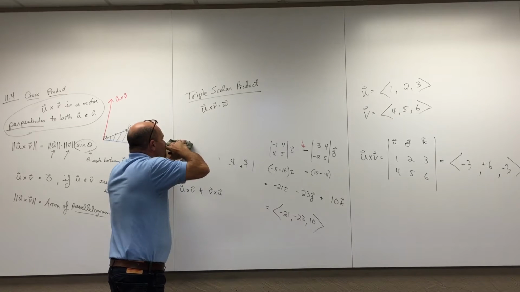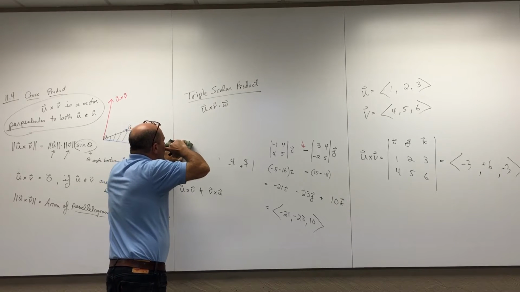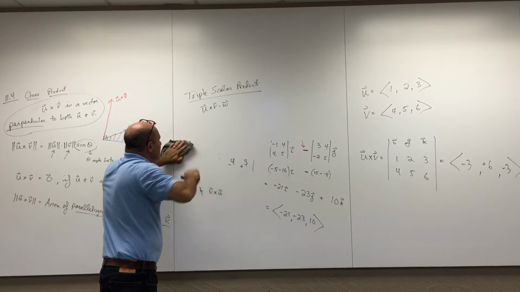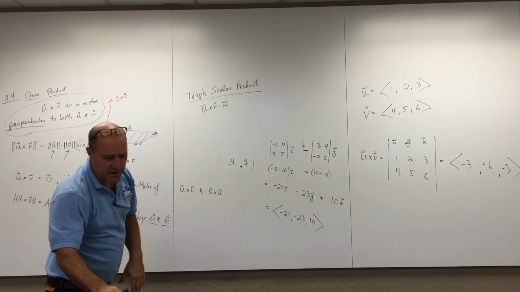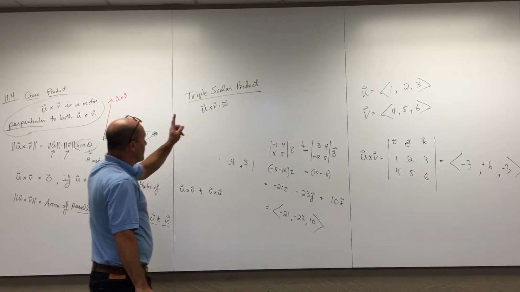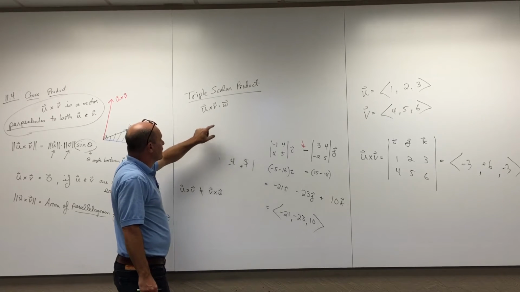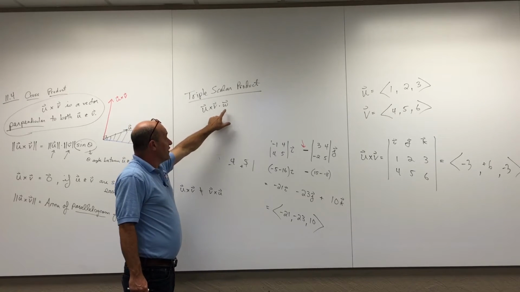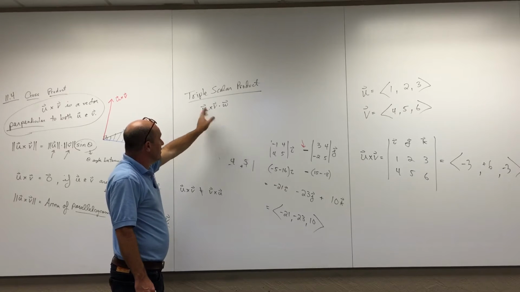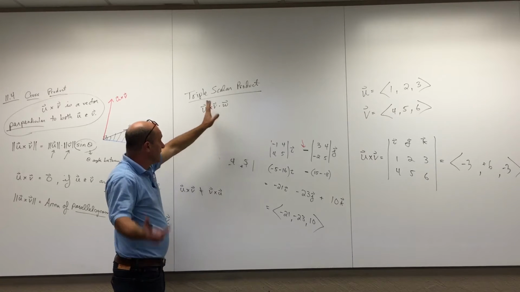Now, let's think about this. I guess I should put parentheses on here. I've got three different vectors. They're not necessarily perpendicular to each other or anything. They're just three vectors in space.